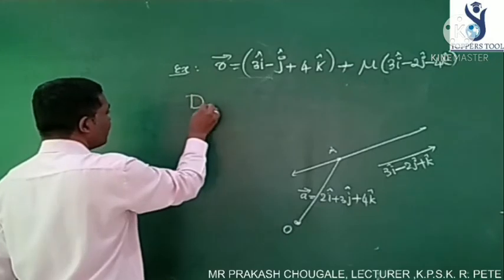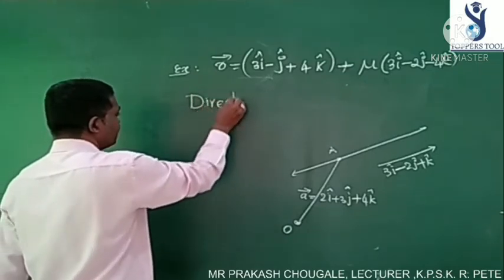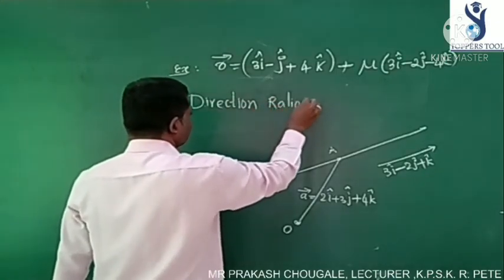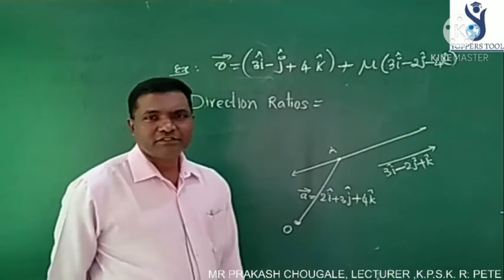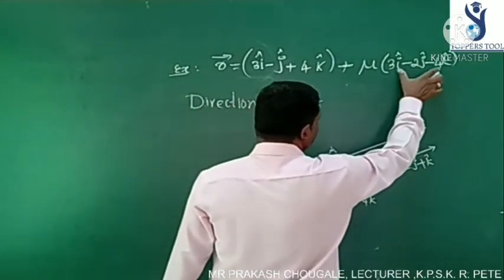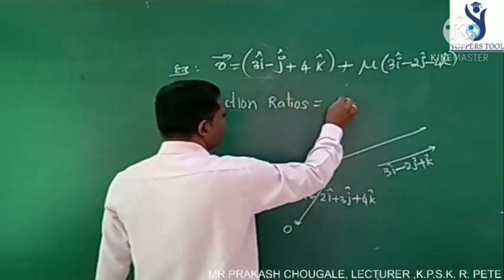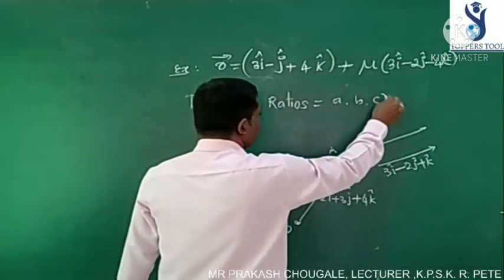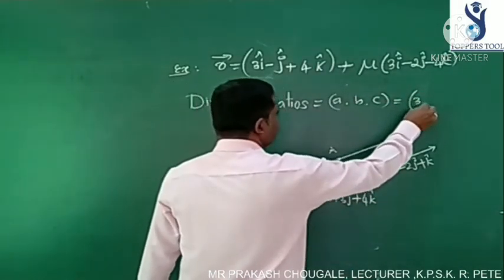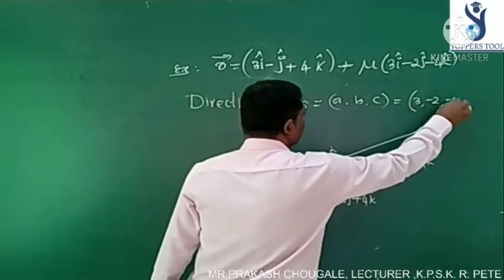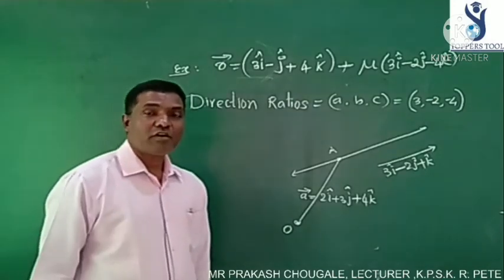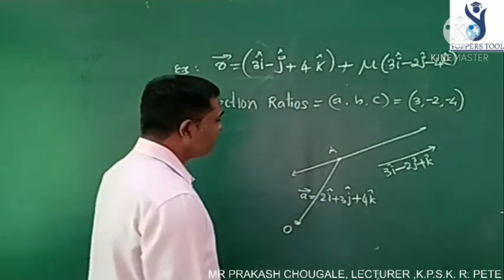Then what are its direction ratios? The direction ratios are the coefficients of i cap, j cap, k cap in this part, that is a, b, c, and they are 3, minus 2, minus 4. So in this way you must identify the direction ratios of a given line.